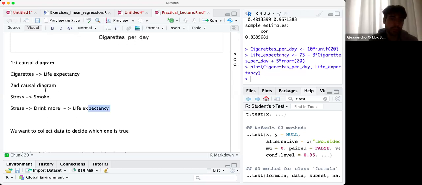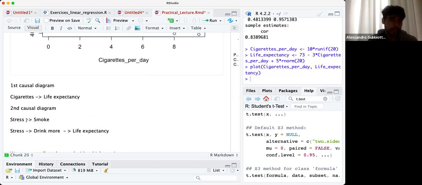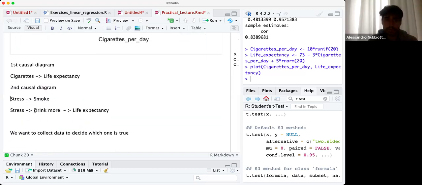If we want to disprove the second diagram, we should take the same data, but select people that drink the same and smoke a different number of cigarettes, and see if you still see this effect. Then the first one should be true.